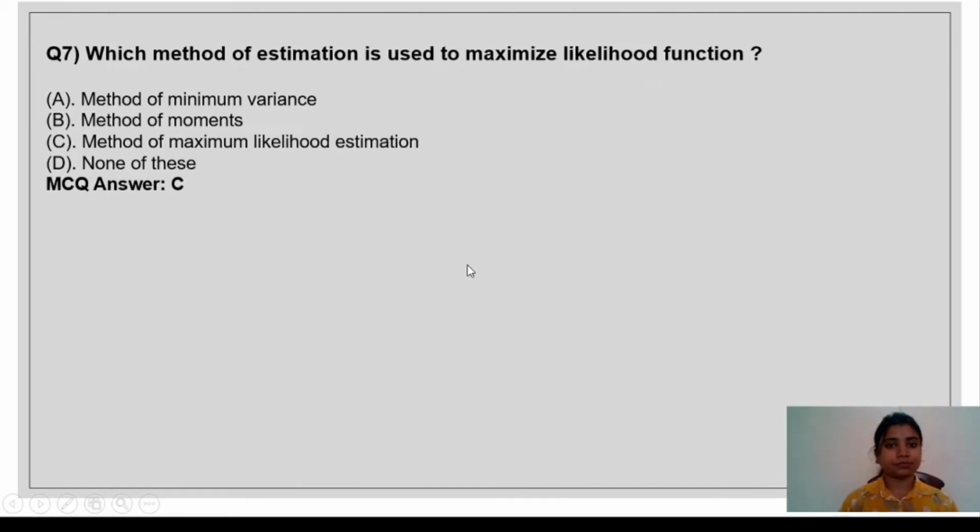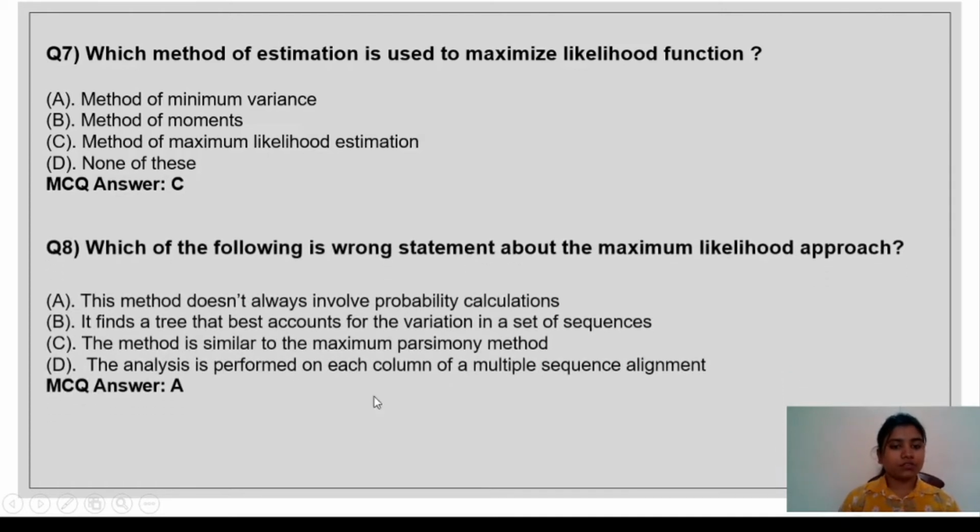Next question, which of the following is a wrong statement about the maximum likelihood approach? Option A is this doesn't always involve probability calculations. Option B, it finds a tree that best accounts for the variation in the set of sequences. Option C is the method is similar to the maximum parsimony method.